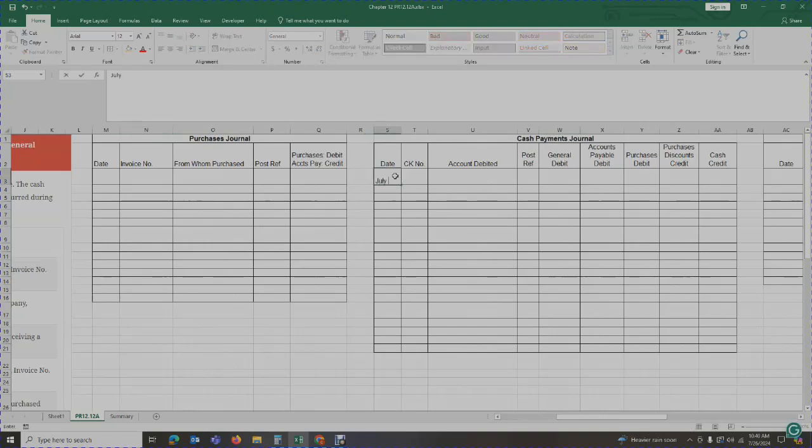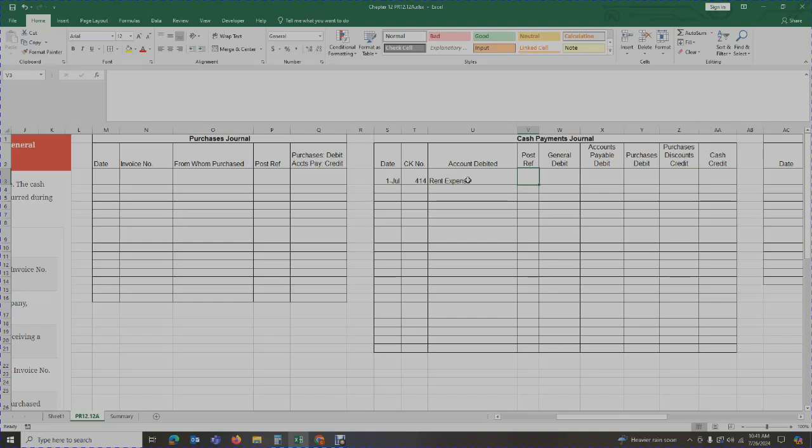This happened on July the 1st. We paid with check number 414 and we are paying the rent. So this is a rent expense, the account that is going to be debited for this transaction. Now the post-reference columns, we leave them blank.